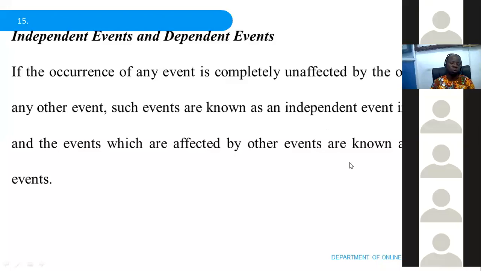Like each of you, when you are coming to school, you coming to school will not have any effect on anyone who is also in school. So you are all independent. Do you understand that?